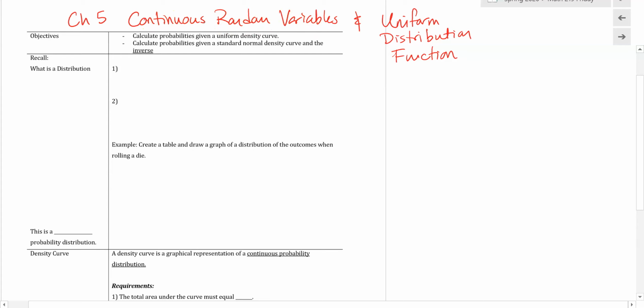There's still a formula and all that, but with discrete variables, we tend to think of the height of a graph as being the probability. With continuous random variables, we actually have to treat it as the area under some sort of curve as the probability. So we'll get into all that.